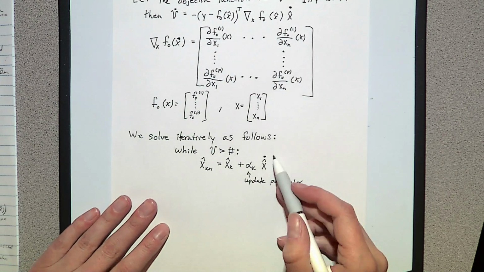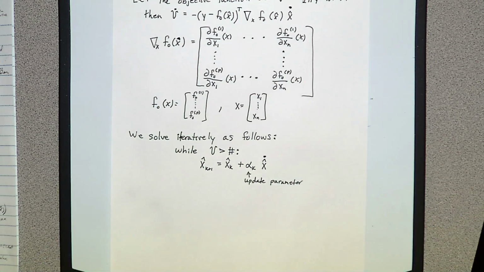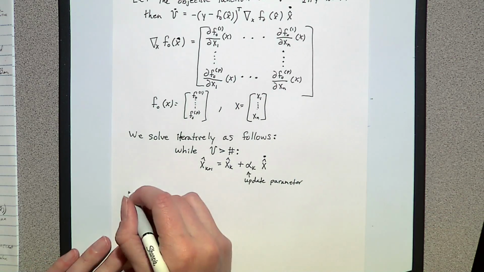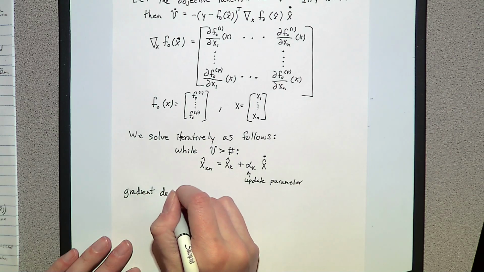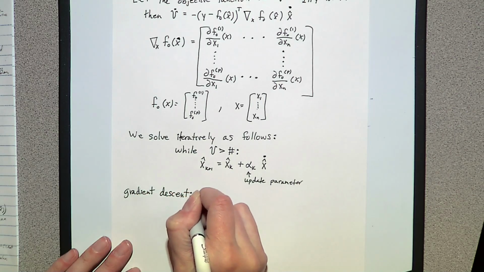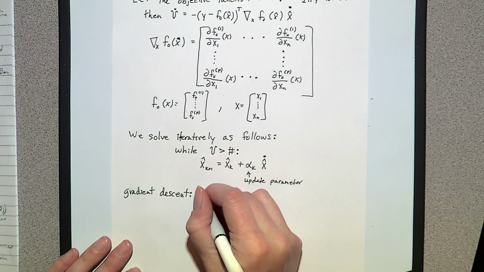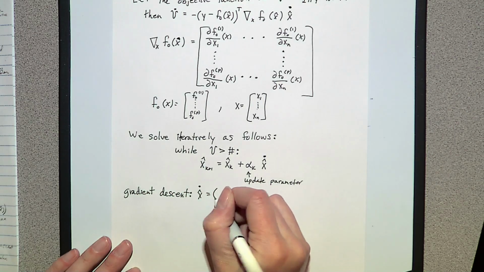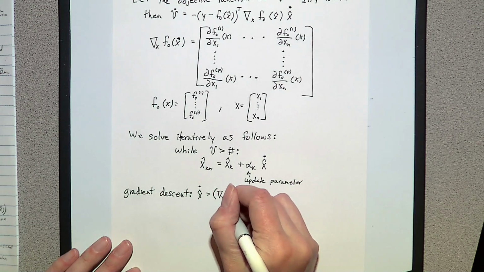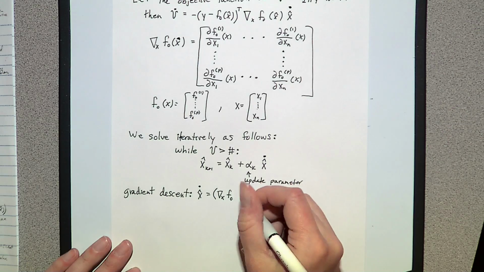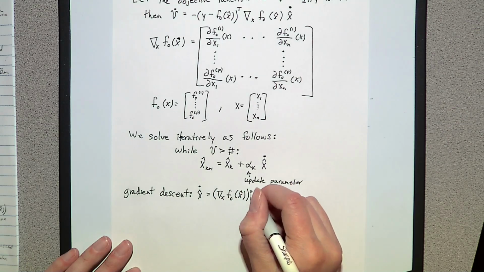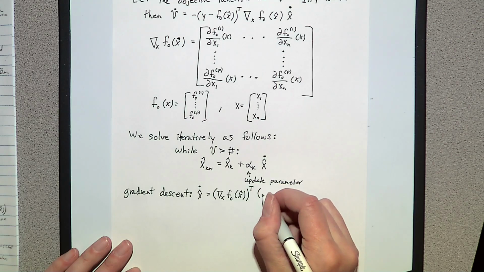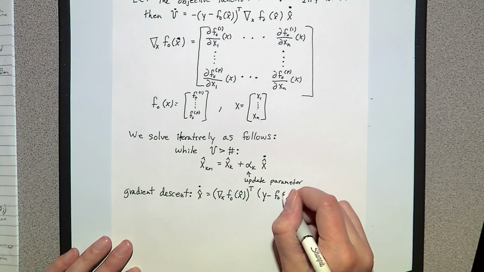What we can use for the change in x hat, there's a few different methods. So we have gradient descent. In that case, we have our x hat dot is this gradient of f0 transpose times y minus f0 x hat.